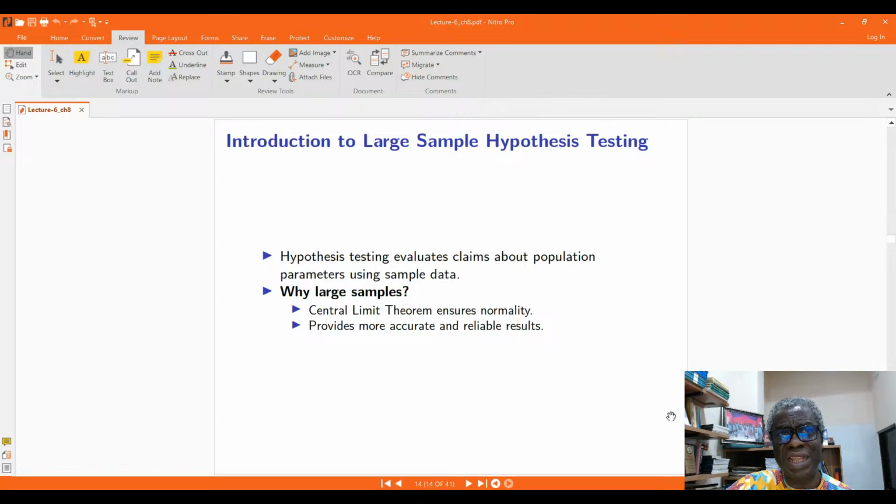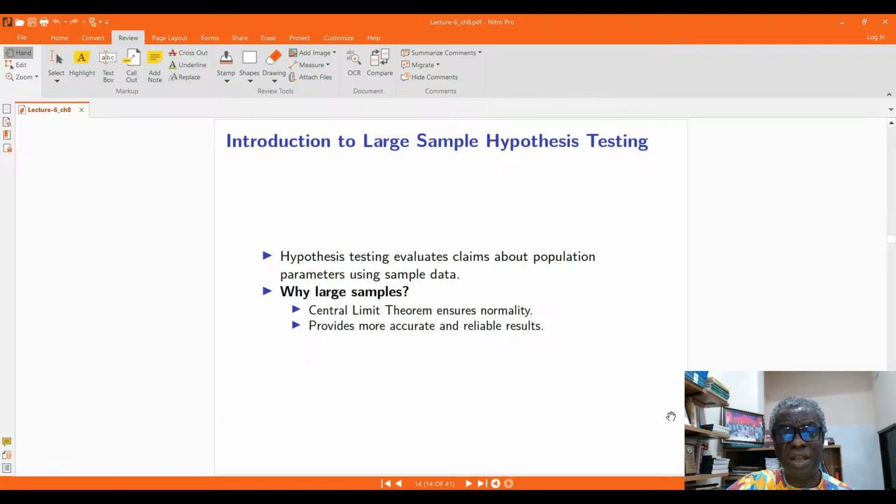Anytime we talk about large samples, the test statistic that we'll be using is the Z statistic. That Z statistic assumes that the sample size is large enough for the normal approximation to hold.